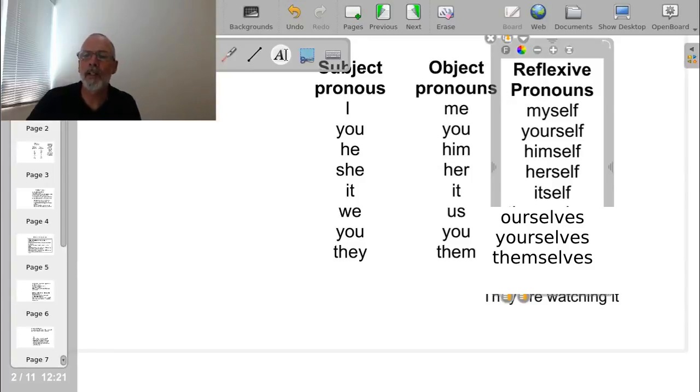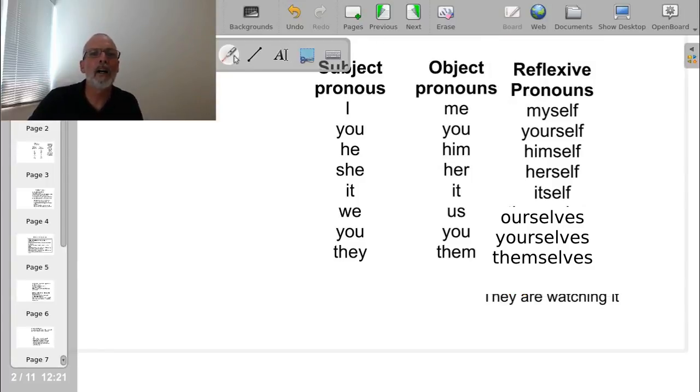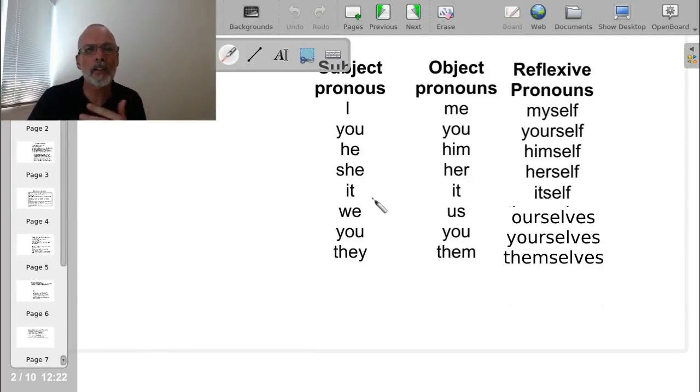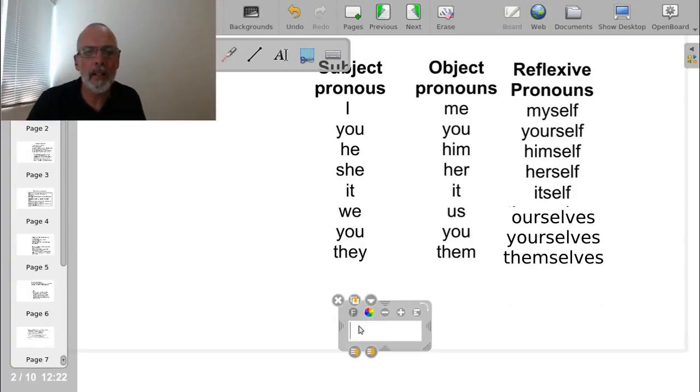So here we have myself, yourself, himself, herself, itself, and ourselves, yourselves, themselves. So when the subject and the object are the same thing, we need to use one of these reflexive pronouns. So let me give you another example.